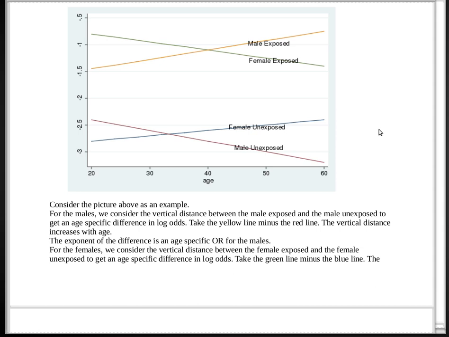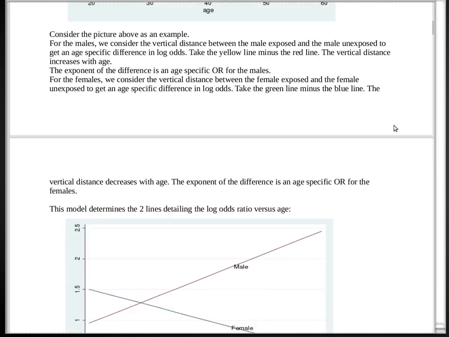It's age-specific because we have actual age measured, and we can contemplate, at least conceptually, the age-specific odds ratio for any particular age for any particular group, either the males or the females. Okay. So what does that mean?